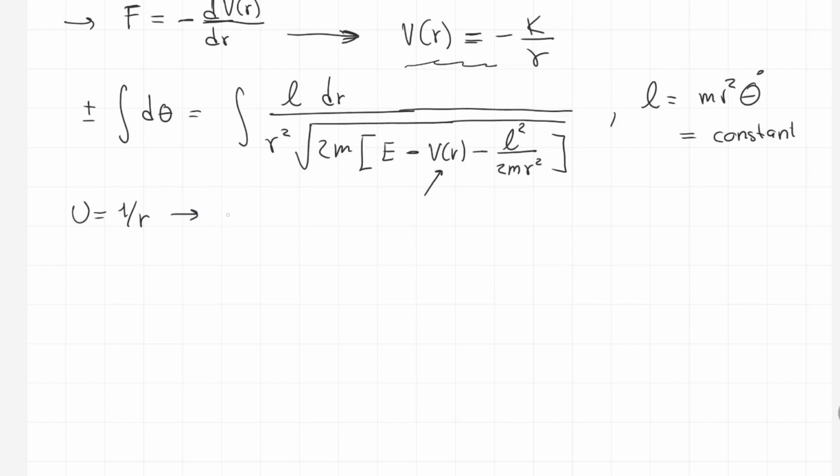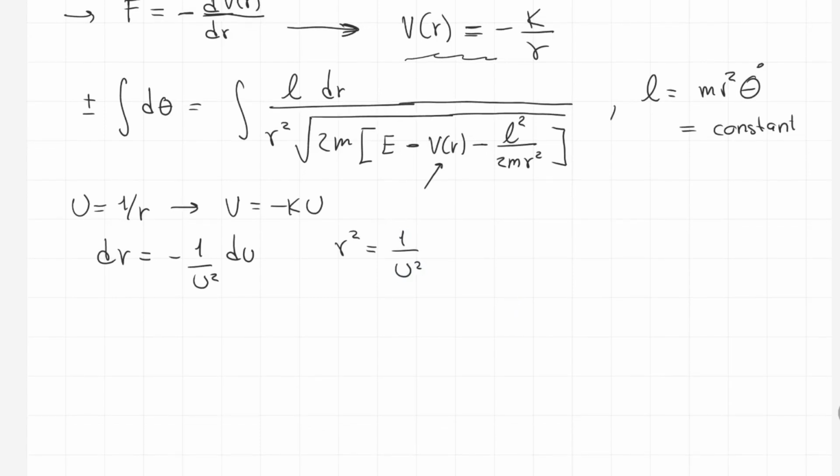If we do this, then V is going to be equal to negative K times u. And if we calculate the differentials, we are going to see that dr is going to be equal to negative 1 over u squared times du. And on the other hand, r squared is going to be equal to 1 over u squared. That is also something that we are going to need.